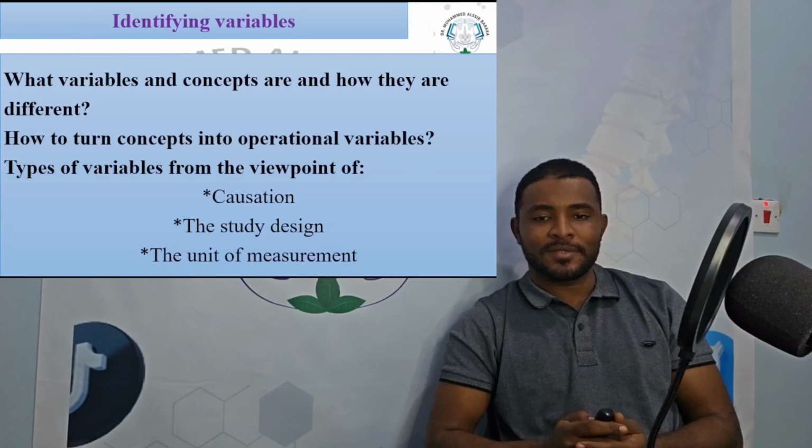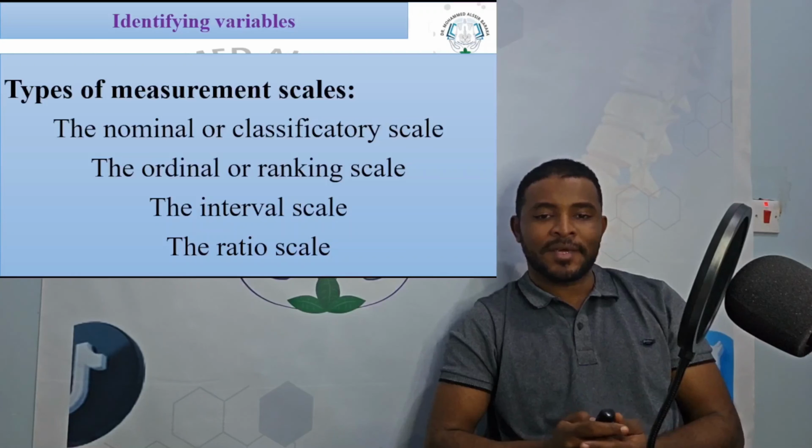From the point of view of causation, study design, and unit of measurement. Also, we will discuss types of measurement scales: nominal, ordinal, interval, and ratio. The nominal is also called the classificatory scale, and the ordinal is also called the ranking scale.